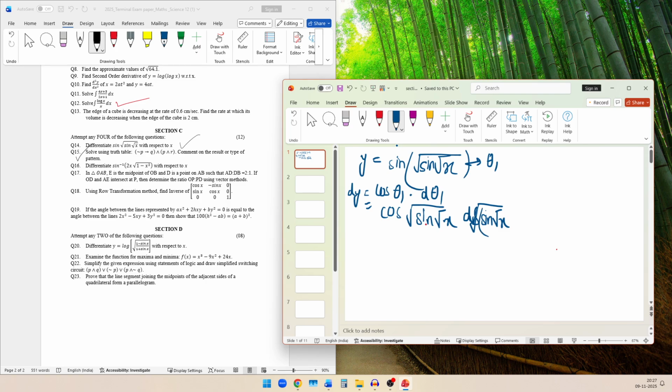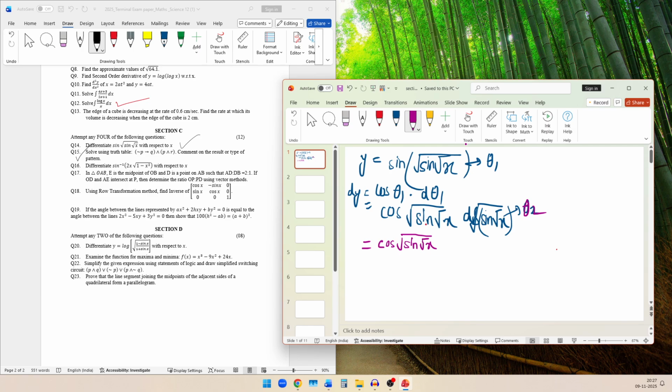Now again, the function which is inside the square root, I'm going to take as theta 2, and differentiate this with respect to x. That should give me cos of root of sine of root of x times the derivative of root of theta 2.